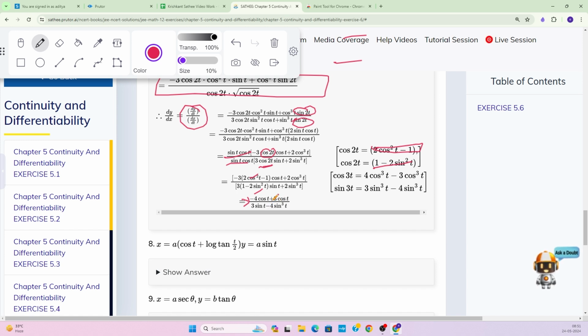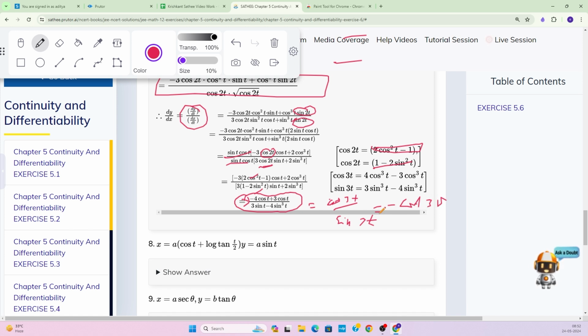As you can see, you have this form, and this can be easily reduced to cos 3 theta divided by sine 3 theta, which will be cot 3 theta.